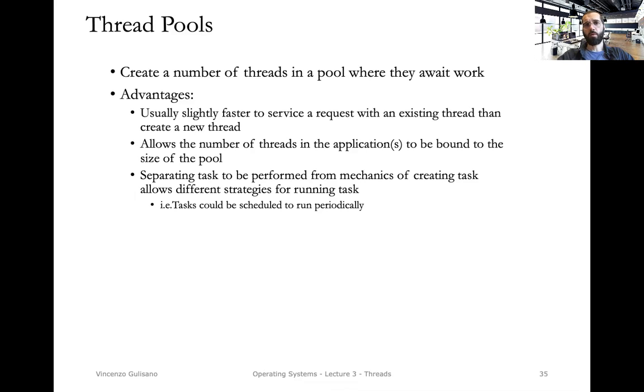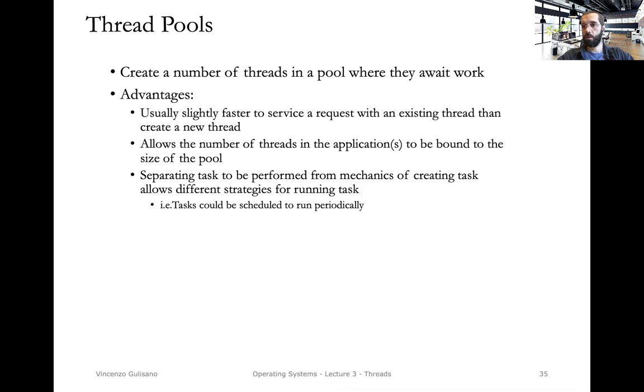So thread pools are used quite a lot. The idea is that instead of creating a thread when you need it, you create a set of threads, a pool of threads, at the beginning, so that first of all, you don't pay the price of creating a thread when you need it, because when you need a thread, you might want to do something rapidly, and creating the thread at that time would affect the response time, latency, whatever you want as a metric.